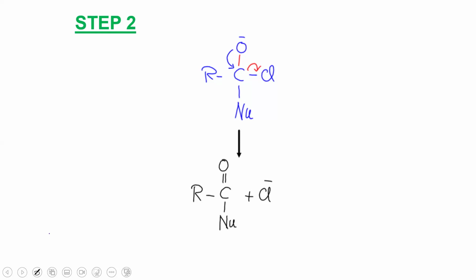So chlorine, like you are happily leaving a job with some benefit, takes its own electron, which is coming from oxygen, and chlorine leaves. In acyl chloride, the leaving of chlorine is the main mechanism. Chlorine is always ready and happy to leave, so it immediately leaves the system. Chlorine is now negative. It's a heterolytic fission. This is step number two.